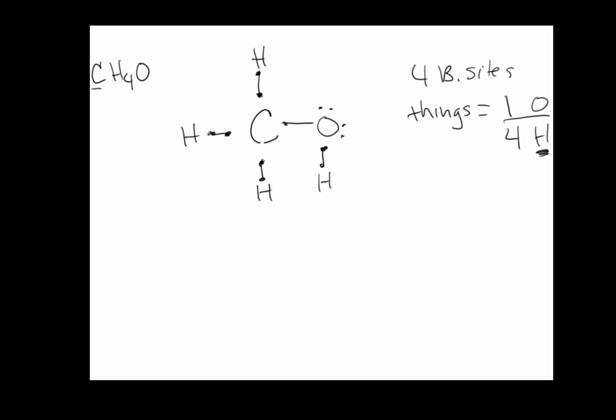Let's do carbon. 1, 2, 3, 4, 5, 6, 7, and 8. So carbon has 8, which it's supposed to have. Let's do oxygen. 1, 2, 3, 4, 5, 6, 7, 8. Oxygen is also supposed to have 8. So those two are both fine. So my octets are complete.